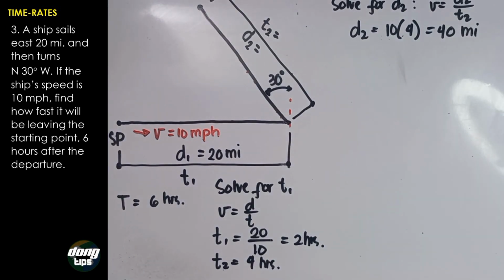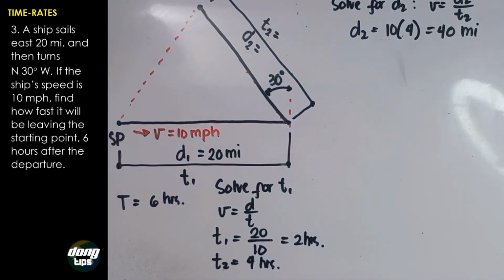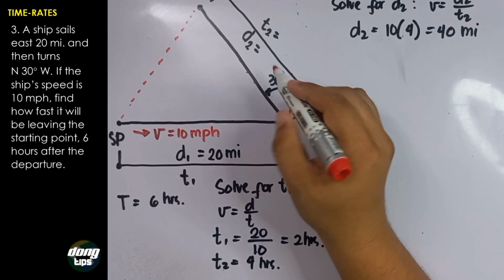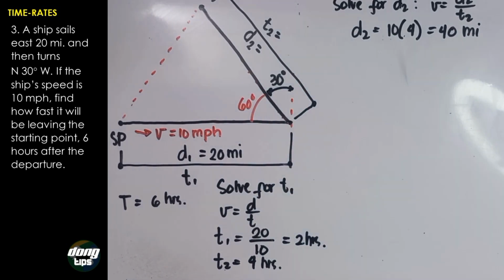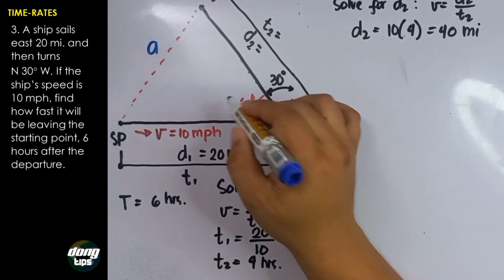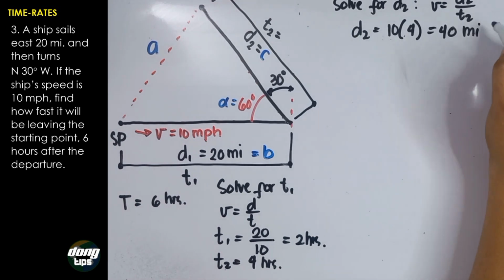Back to the drawing, this line will represent the distance of how far the ship is from the starting point. By the way, this angle is 60 degrees. Now, we got this triangle. Let's assign this side as A, the angle as alpha, d1 as B, and d2 as C.